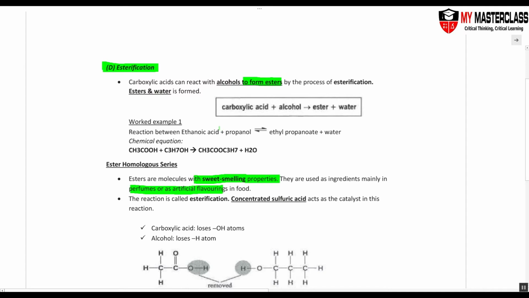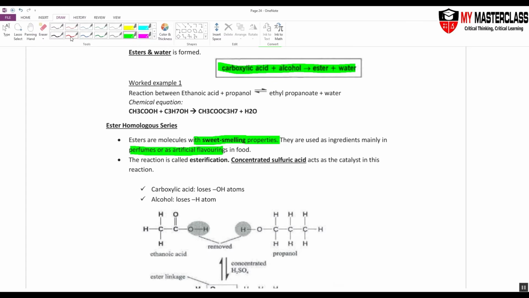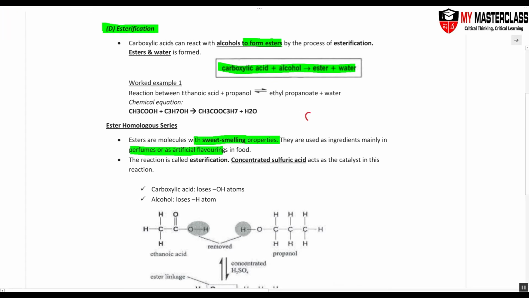So when or how are esters formed? Esters are formed when you have a carboxylic acid plus alcohol. It will give you ester plus water. Using this example, you have your ethanoic acid. Let's draw it up. Plus your propanol.